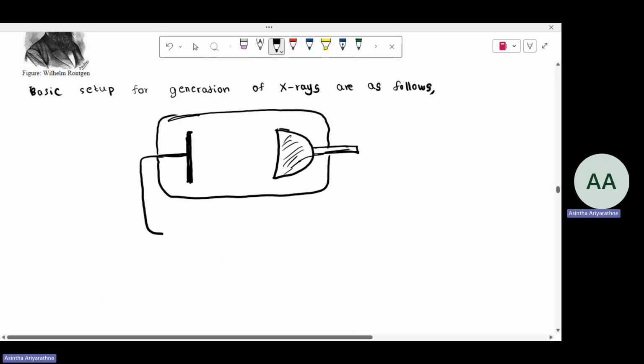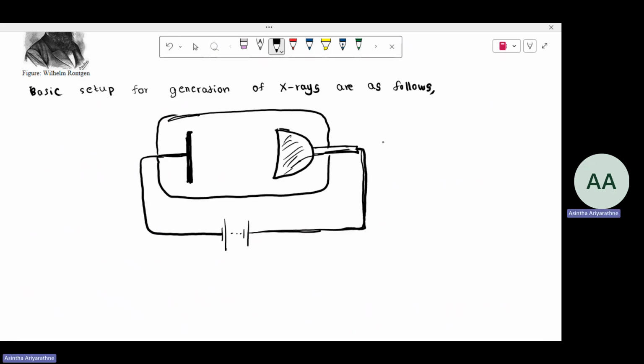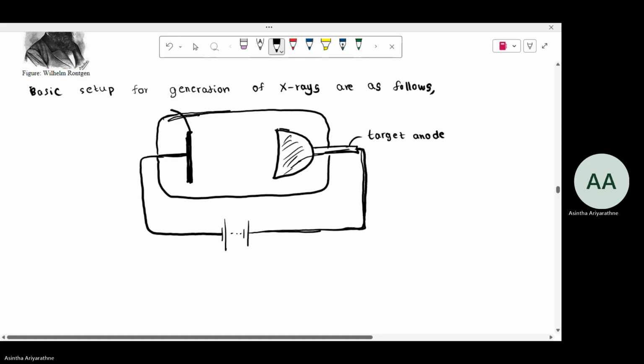This anode and cathode are subjected to a very high potential.